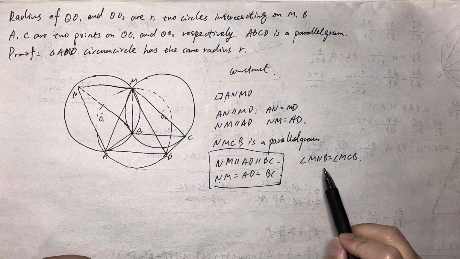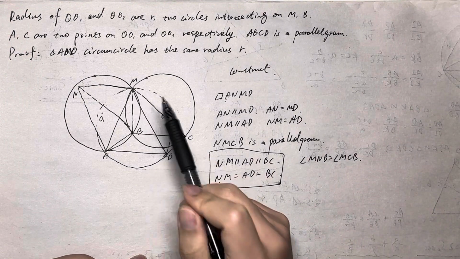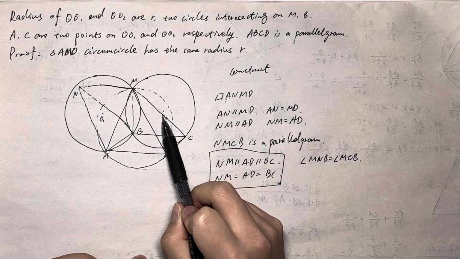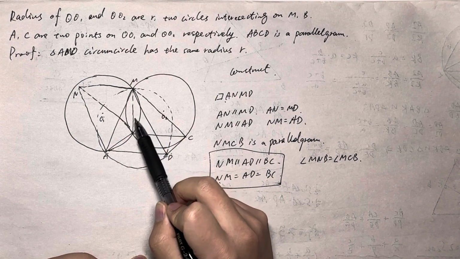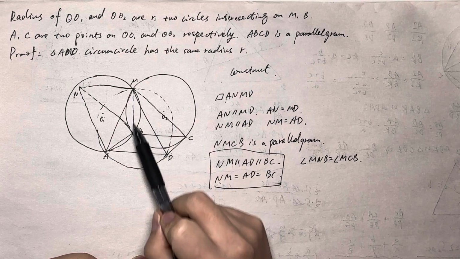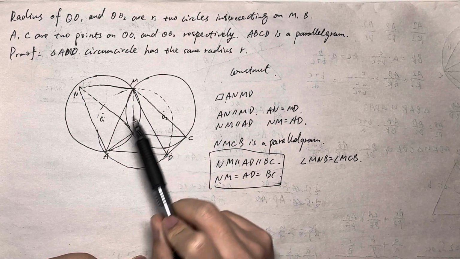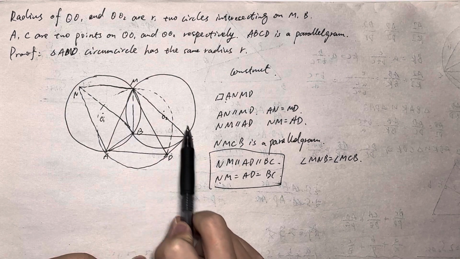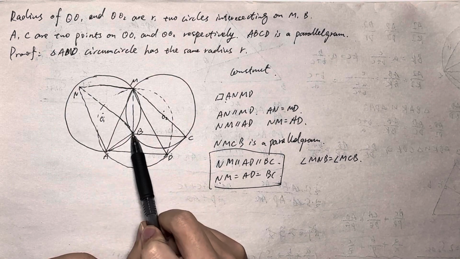Because O1 and O2 have the same radius, any angles referring to the common chord are equal. We know that angle MCB equals angle MNB.